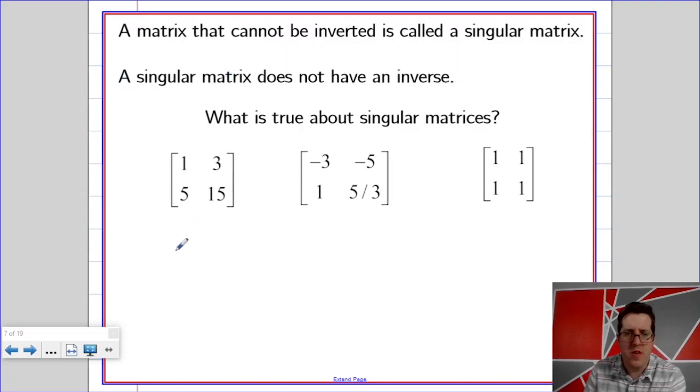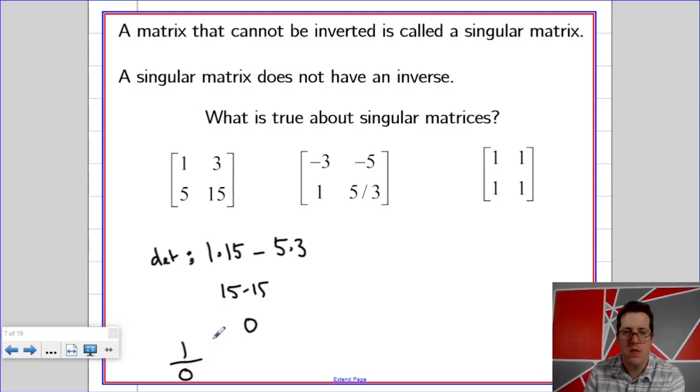In the first one, the determinant would be 1 times 15 minus 5 times 3, or 15 minus 15, or 0. So that shortcut for the matrix, for its inverse I should say, would be 1 over 0 times, who cares? You can't divide by 0.